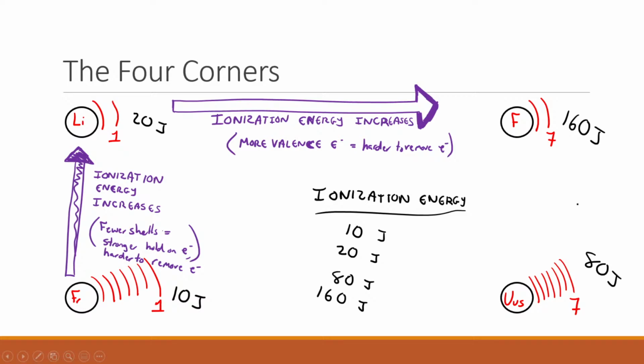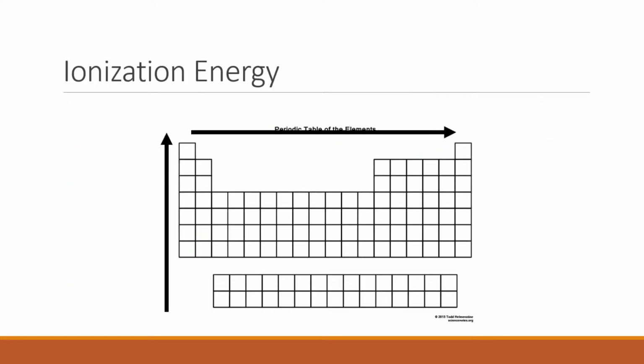When we zoom out from just looking at the four corners of the periodic table, these trends show us that basically, no matter where I put two elements, I should be able to tell which of them will have the higher ionization energy, because this trend holds through and it follows through for the whole periodic table.